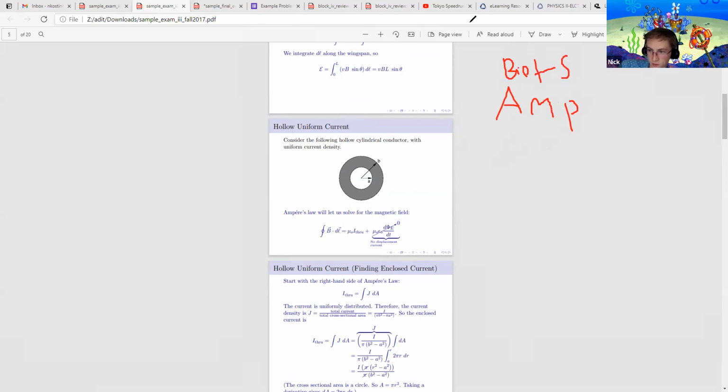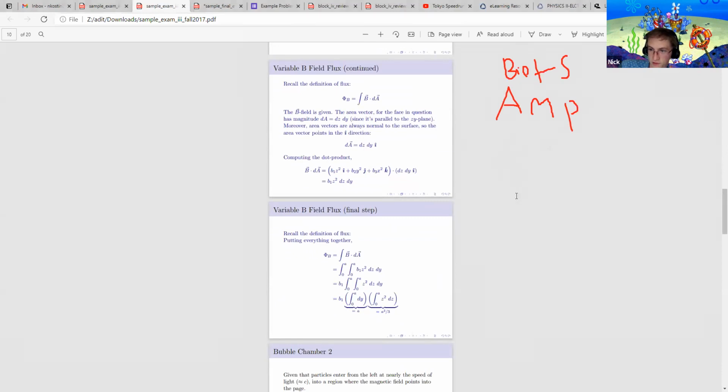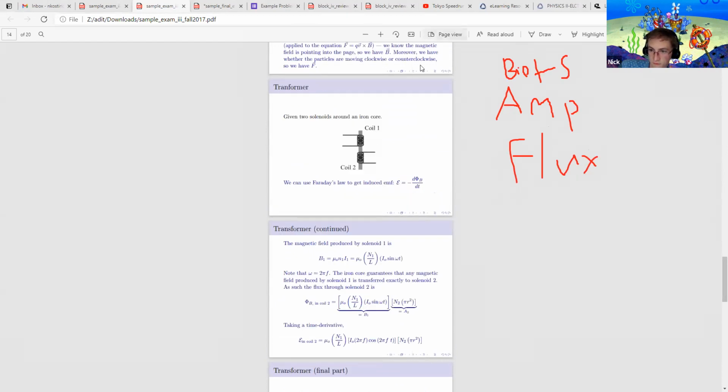We can do just a flux problem. We can do a forces problem. There's a bunch of those. And I think all that's left after that is just Faraday's law. So block 3 was pretty big. There's a lot to choose from, but I don't know what people want to see. So let's see what's in the chat.